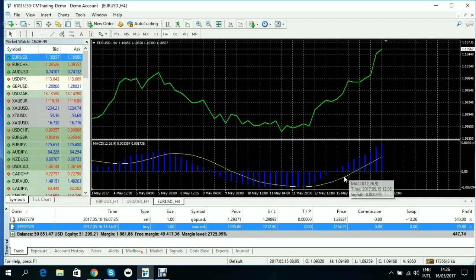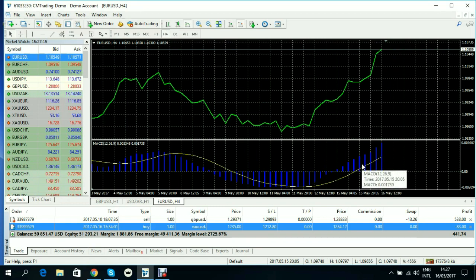And this signal line, this moving average, will also have to cross above the zero zone. When this is done, it indicates a buying trend. As such, you may buy.